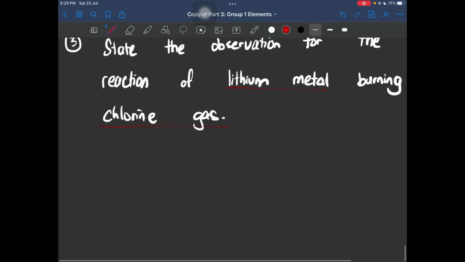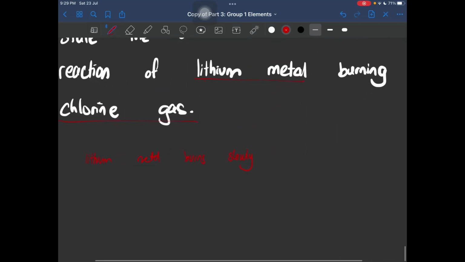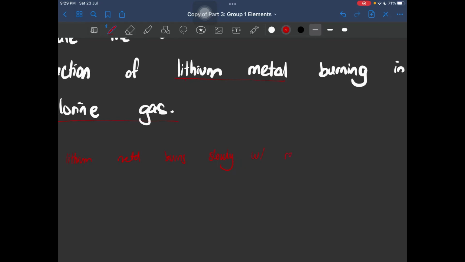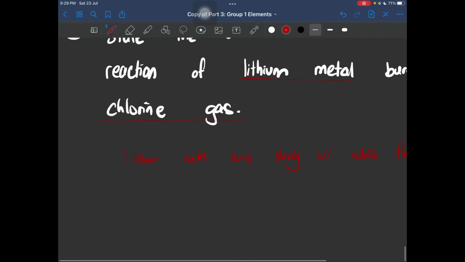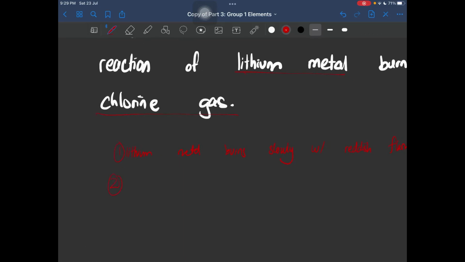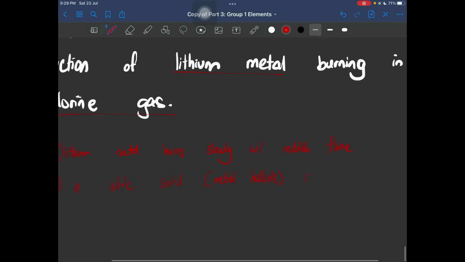First of all, you can say that lithium metal burns slowly. It's the least reactive alkali metal. It burns slowly with a reddish flame. That's the first observation that you can give. Second, you can also say a white solid, in bracket, metal halide, is produced.